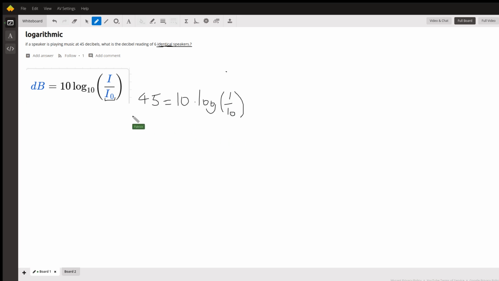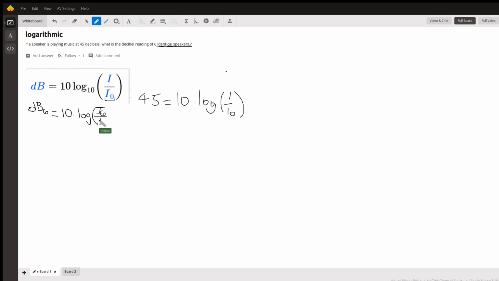All right, but in this case we want the sound level of six speakers. Let's call it dB6. We want to find dB6. So dB6 is going to be 10 times log of I6 over I0, where I6 is the sound intensity of six speakers.